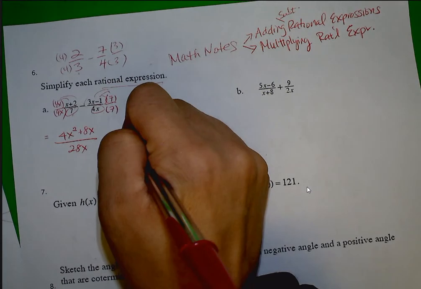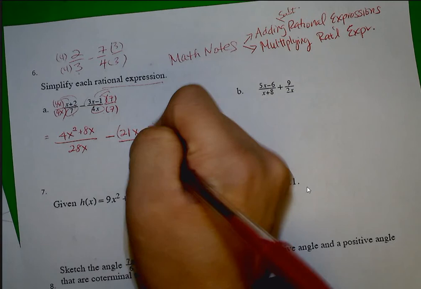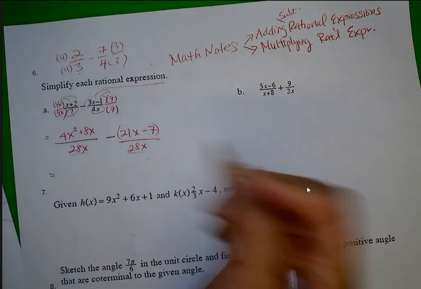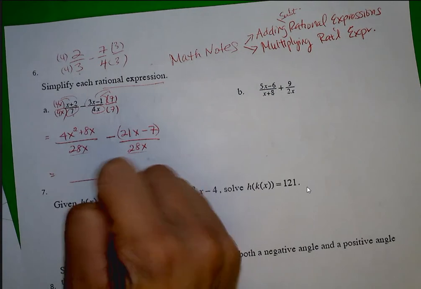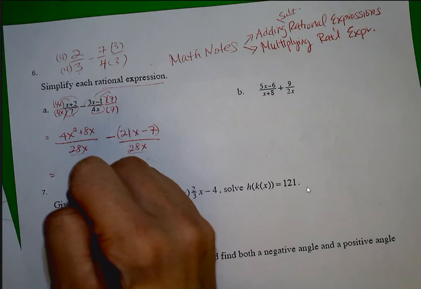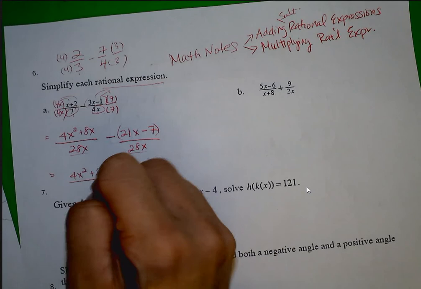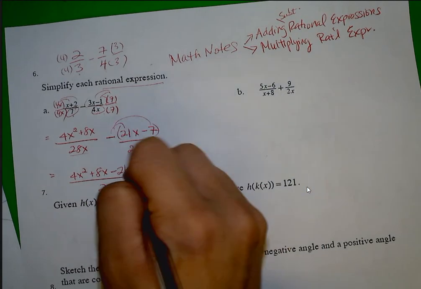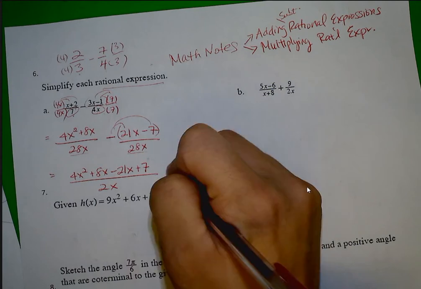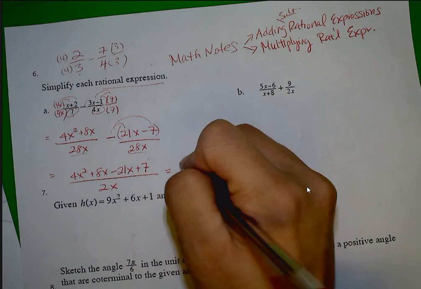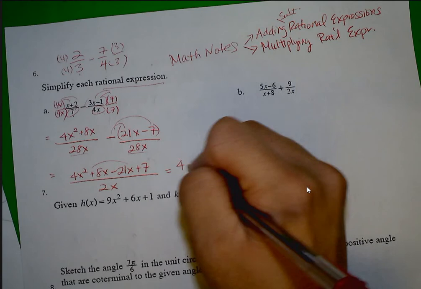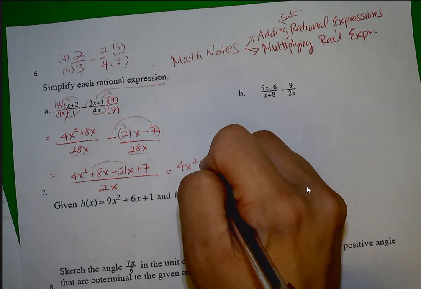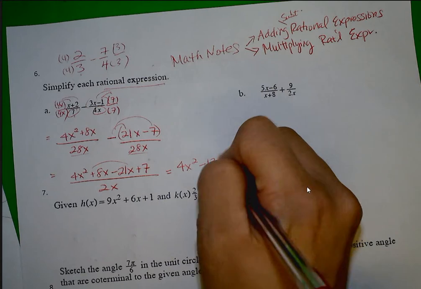Now these negatives are very important. Since I have a common denominator here, now I could subtract. But look, this is 4x squared plus 8x. I'm going to have to distribute that negative, so that's negative 21x plus 7. When I combine like terms, 4x squared, 8 minus 21 is negative 13, I believe. So 13x plus 7 over 28x. Okay.